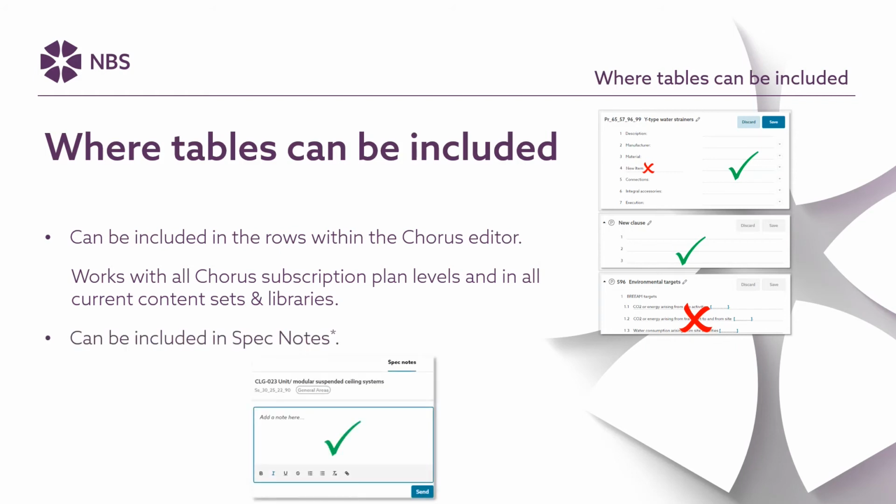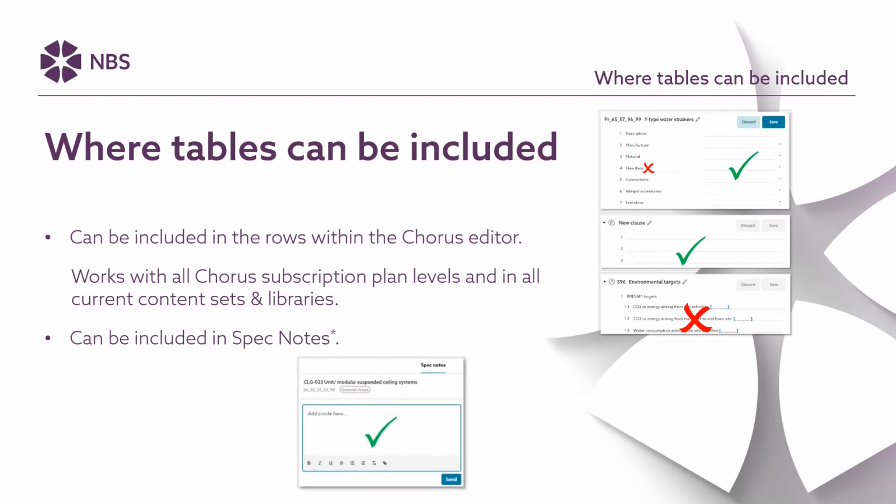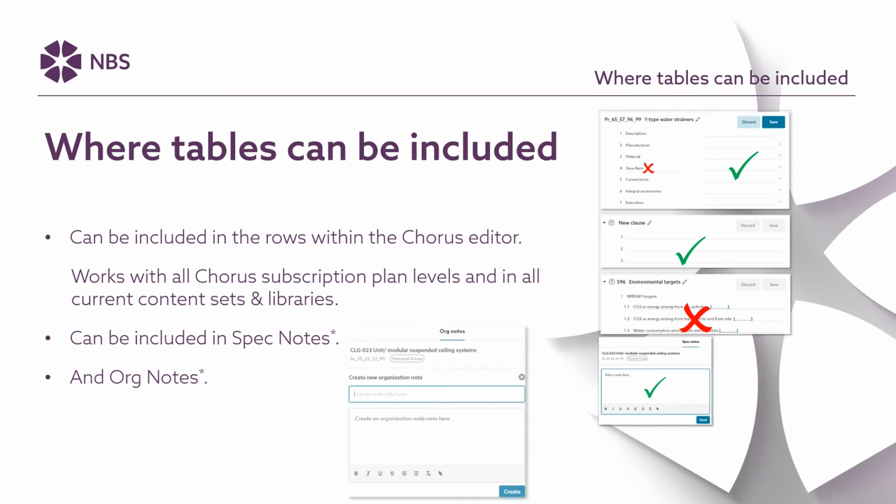Tables can also be included into specification notes and of course organization notes. With organization notes, the table can be included within the main body of the note. However, tables cannot be included within the org note titles.